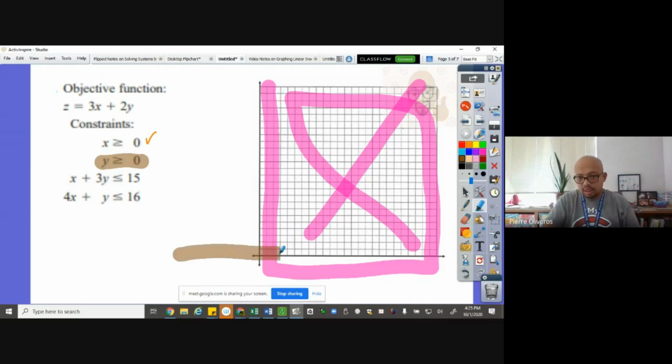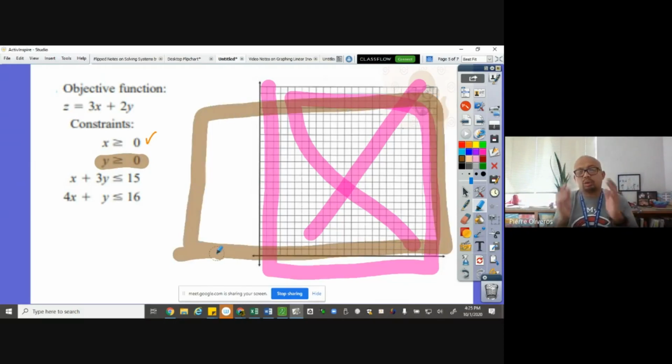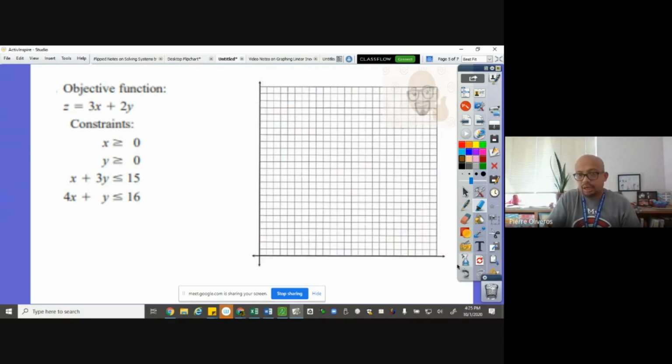So if you look at the quadrants, it will be only the first quadrant, because in the first quadrant the values of x and y are both positive. That's why our xy plane looks like just the first quadrant. So we know that the graph is only the first quadrant.